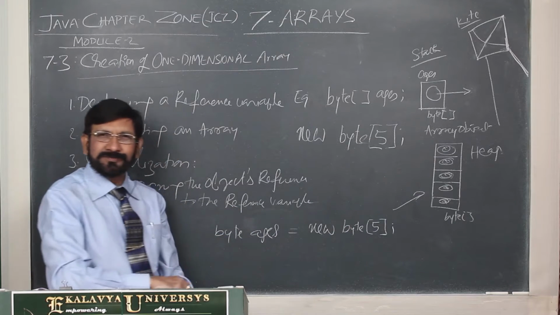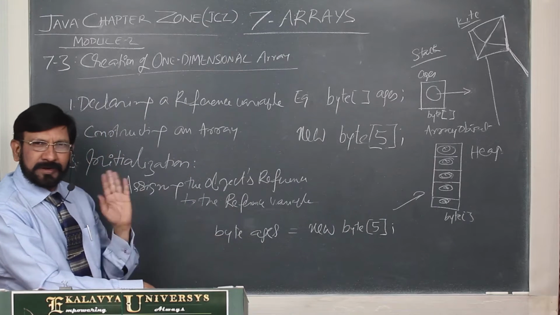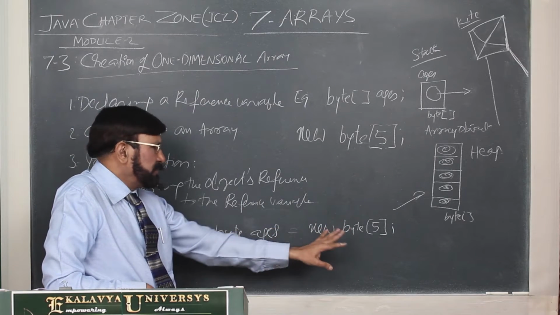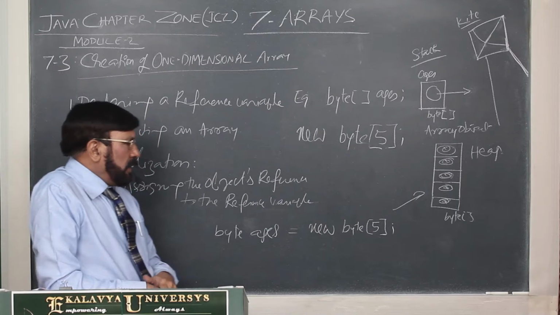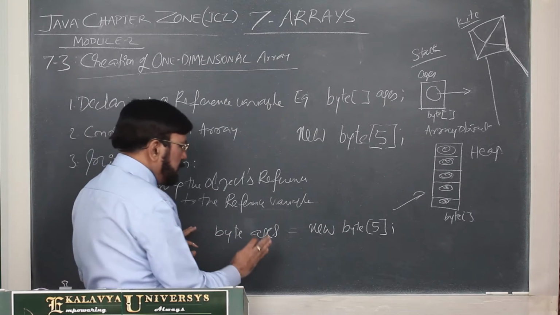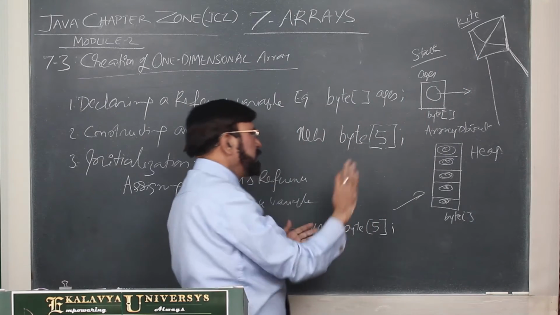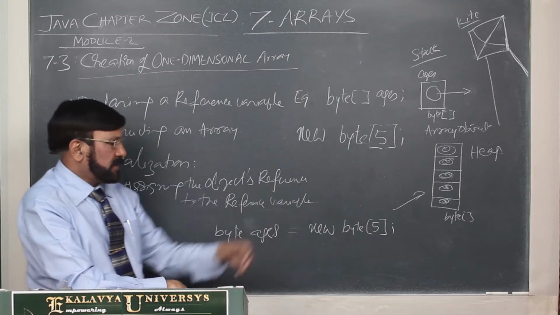This is the declaration. So this much explanation is there, but you must learn it one time. Thereafter you write simply in this manner, you write this. Okay. So by this the string is tied to the kite, then you can use it, you can play with that.